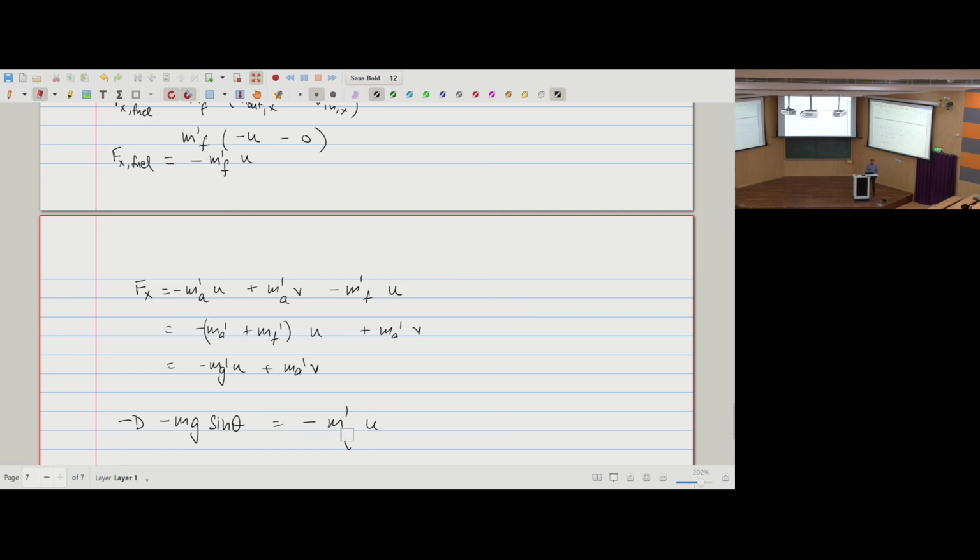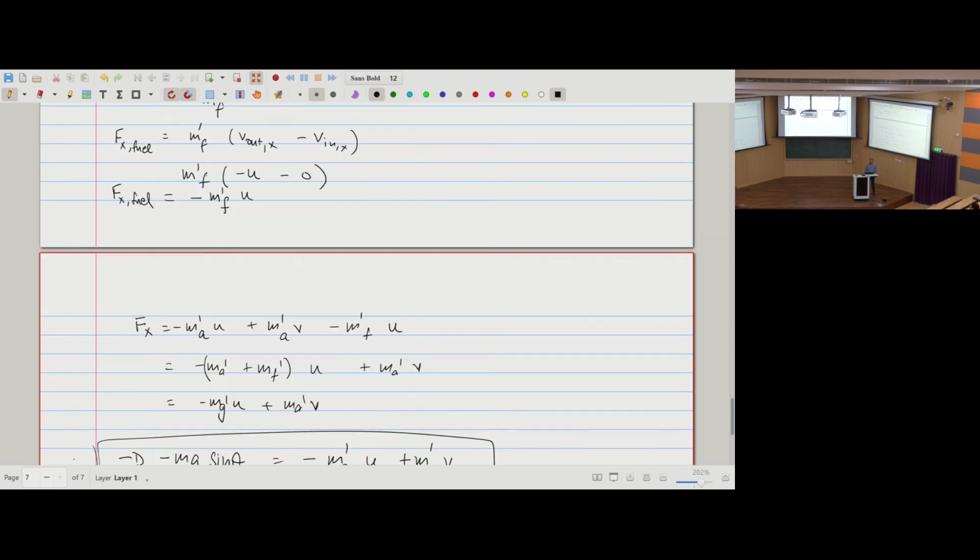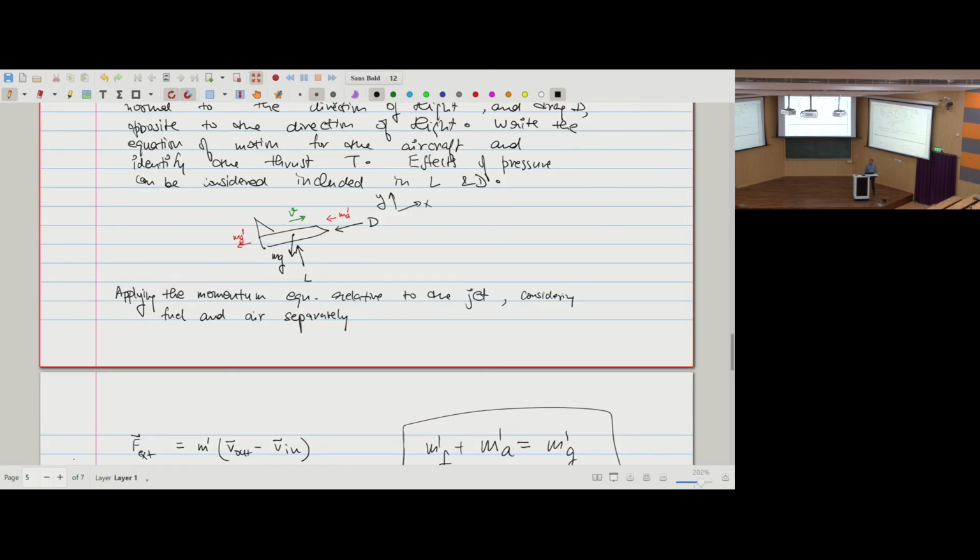This g is a subscript. This is the equation of motion for this problem. Theta here is this angle.